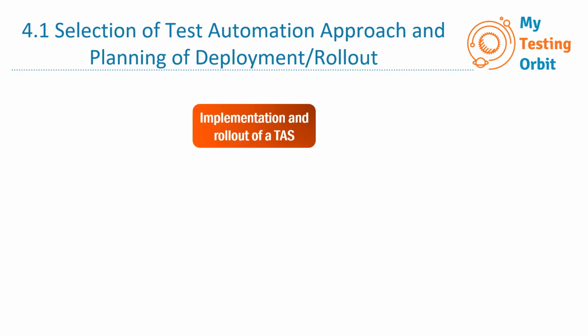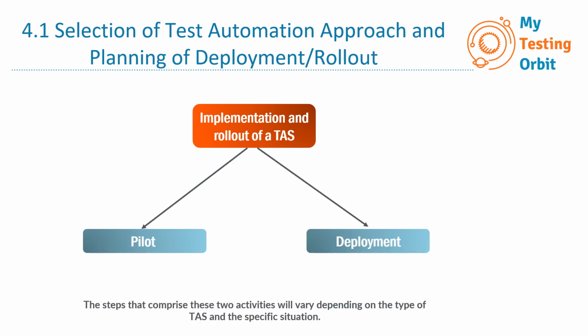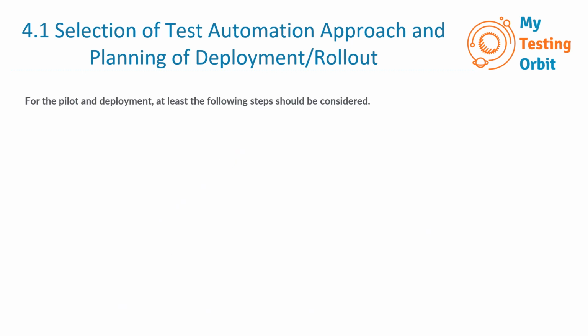There are two main activities involved in the implementation and rollout of a TAS: pilot and deployment. The steps that comprise these two activities will vary depending on the type of the TAS and the specific situation. For the pilot and deployment, at least the following steps should be considered.